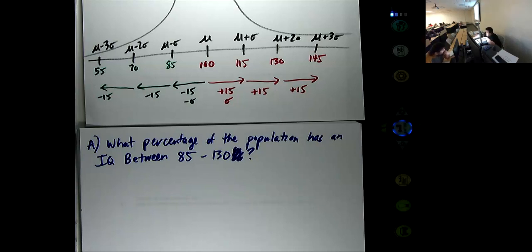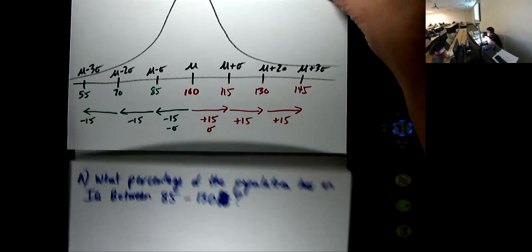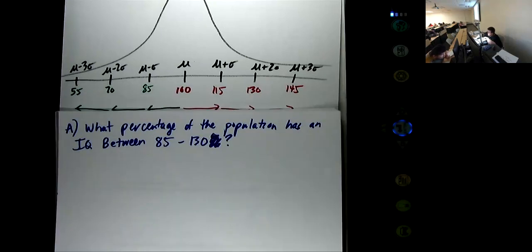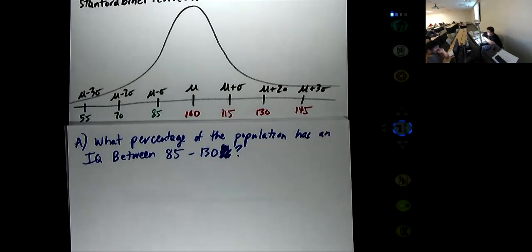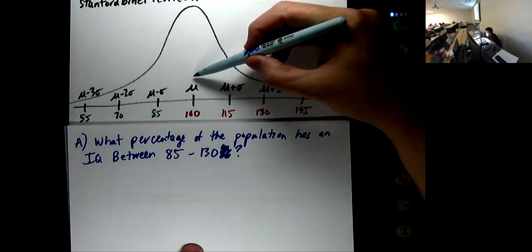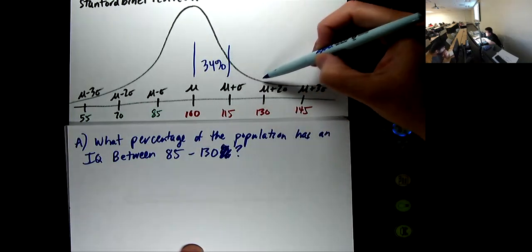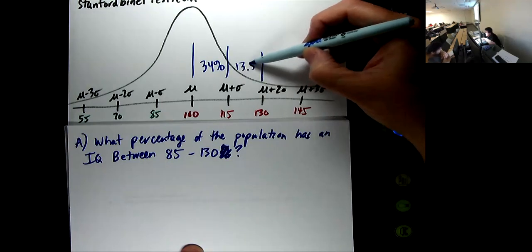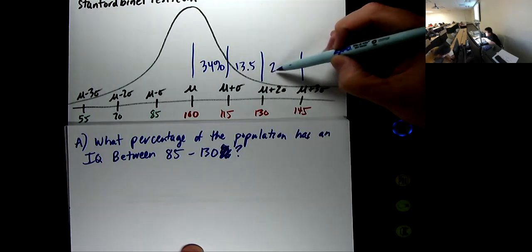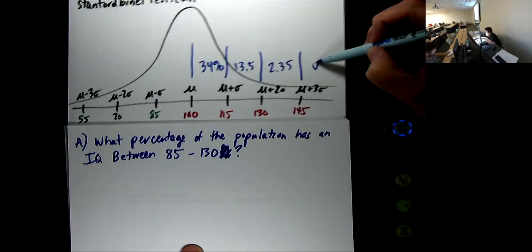So we come up here, I'm going to put my percentages up there real quick. That's 34%. This is 13.5%. This is 2.35 and 0.15.